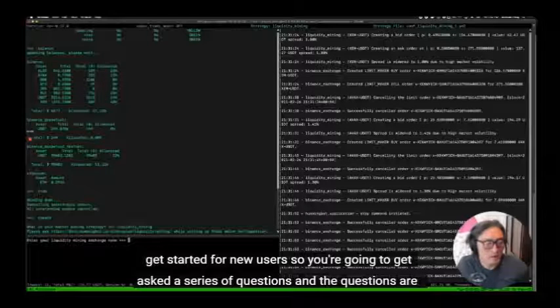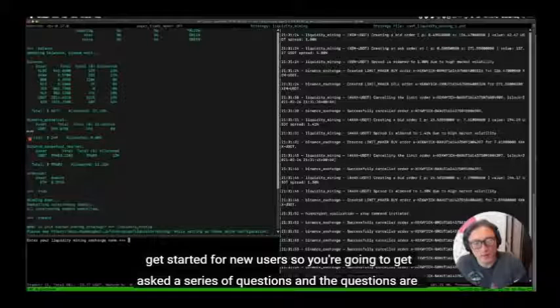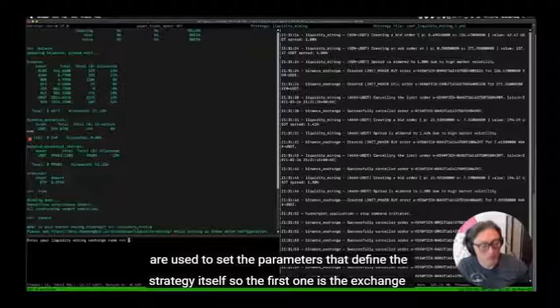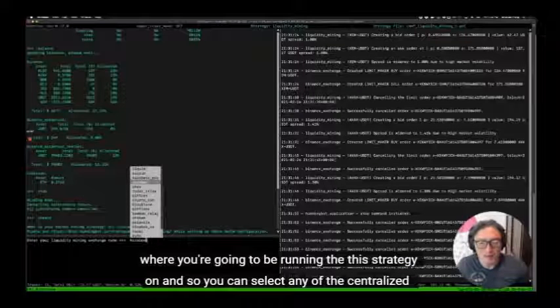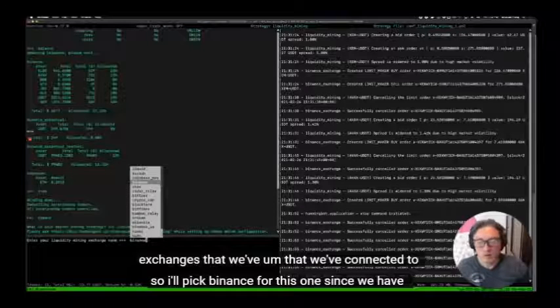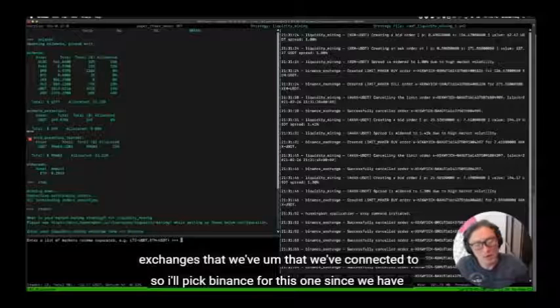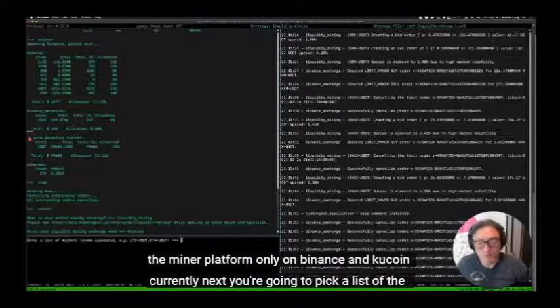So you're going to get asked a series of questions, and the questions are used to set the parameters that define the strategy itself. So the first one is the exchange where you're going to be running this strategy, and you can select any of the centralized exchanges that we've connected to. So I'll pick Binance for this one since we have the miner platform only on Binance and KuCoin currently.